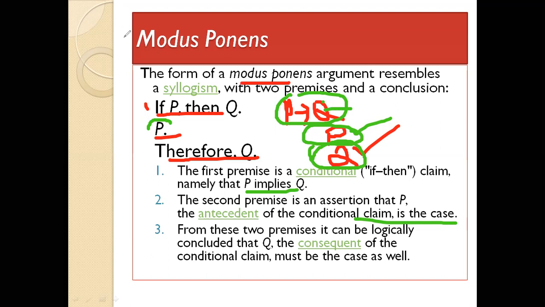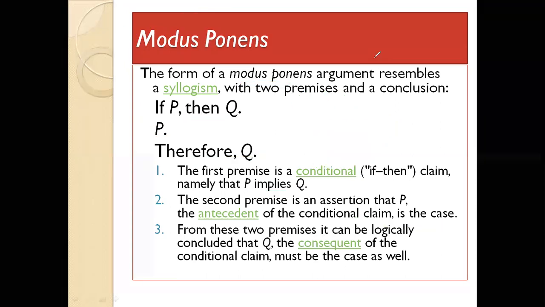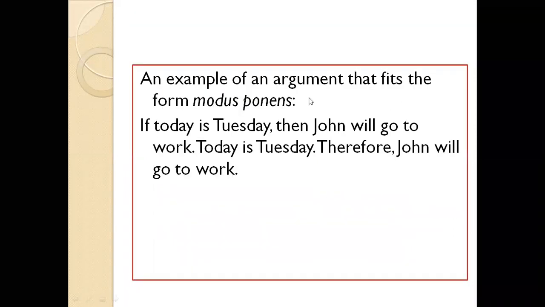That is modus ponens. Now, if I would like to give you a real example of modus ponens, it will be: if today is Tuesday, then John will go to work.